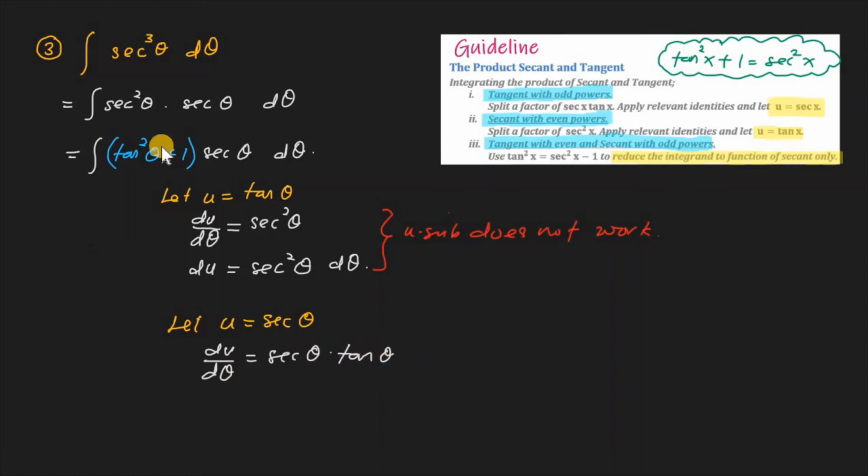We need secant tangent, but over here we have tangent square if we are splitting it. So the u substitution method does not work. We have to look at another alternative method to solve this question.